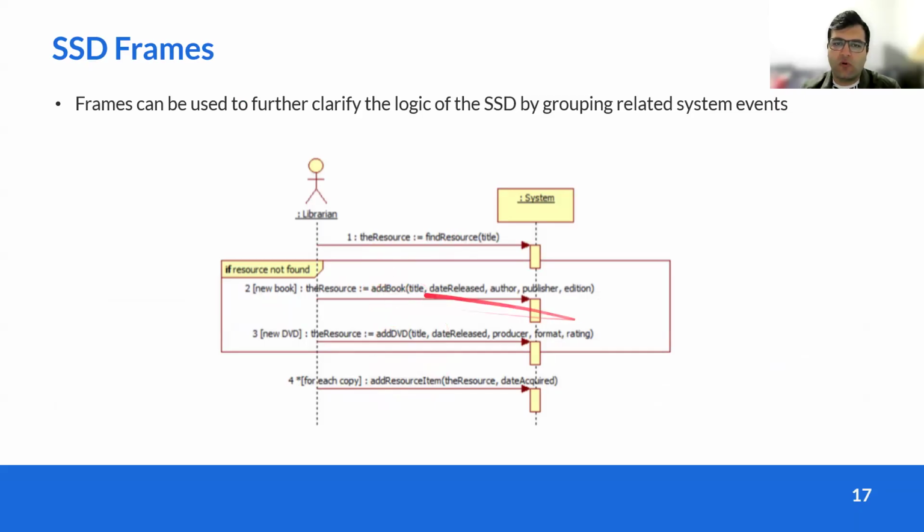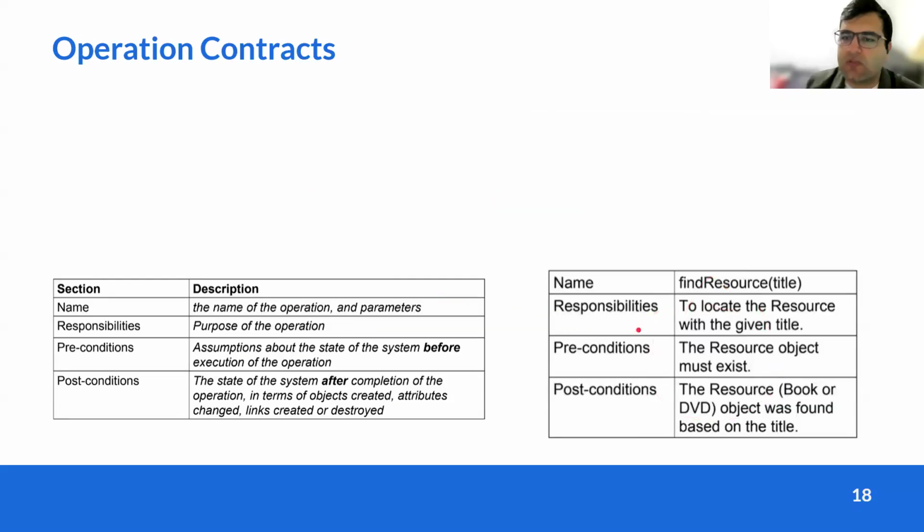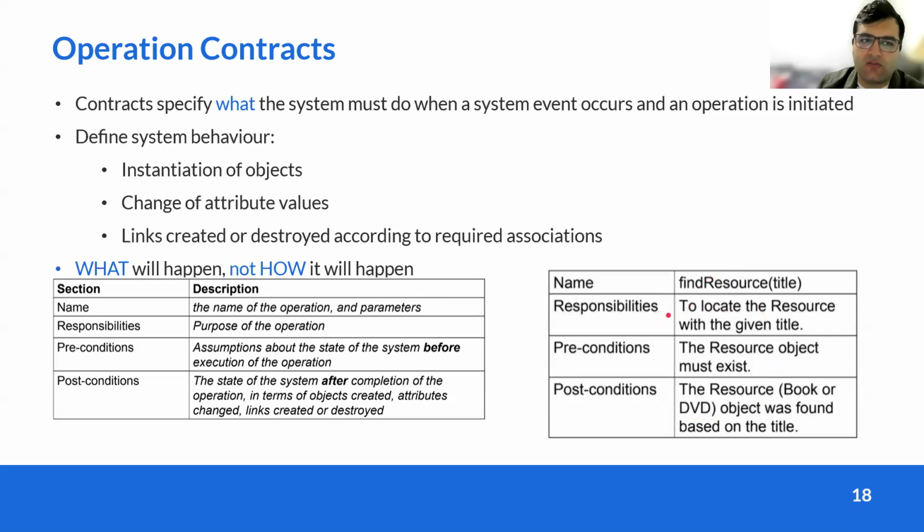So we still don't know how exactly these will work, right? So this is where we define it. Find resource title. For this operation, we're trying to find a resource given the title. Easy to understand.